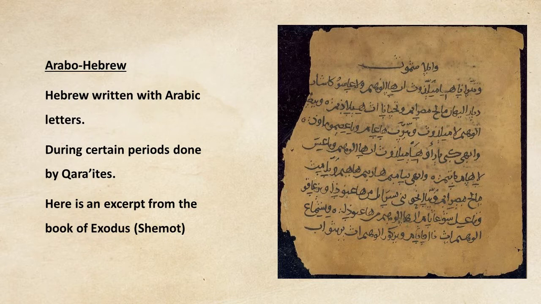Isn't that interesting? It was easier for them. Rabbinite Jews started out with learning Hebrew, the Hebrew alphabet, and only later started learning Arabic. But I guess for Karaites it was maybe different. All right. I find this very interesting.